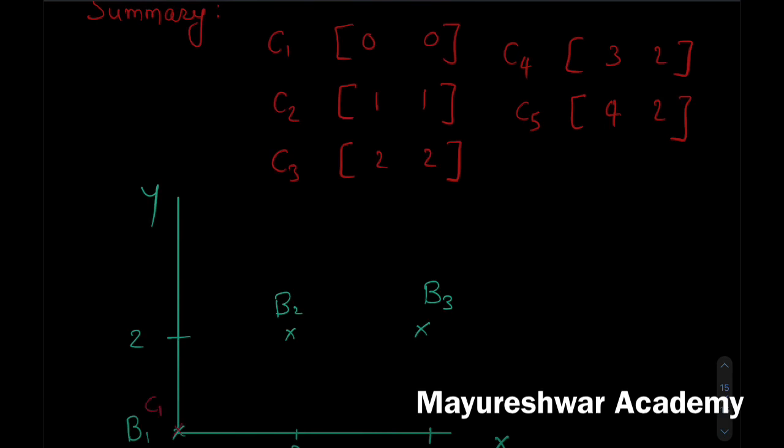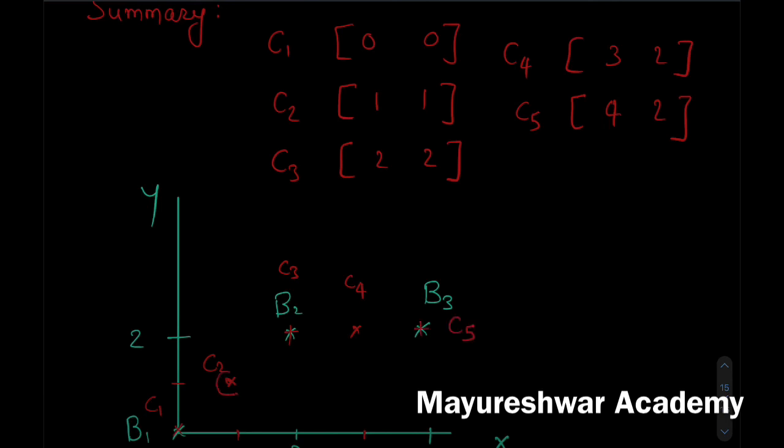So this is C1, C2 is 1, 1. So this will be an additional point in between B1 and B2. C3 is identical to B2, so that is the same location. C4, let us say this is 3, is in between B2 and B3, and last is C5.